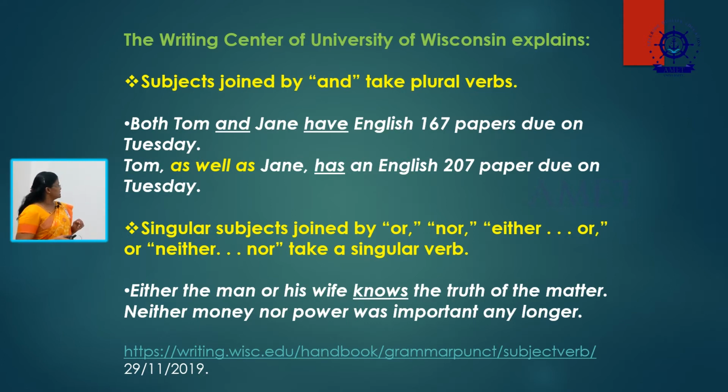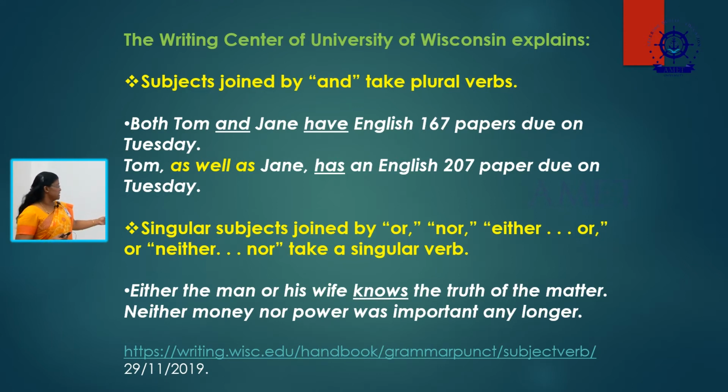The next rule is singular subjects joined by or, nor, either or, neither nor take a singular verb, similar to as well as. The other conjunctions like or, nor, either or, neither nor also take a singular verb. For example, either the man or his wife knows the truth of the matter.